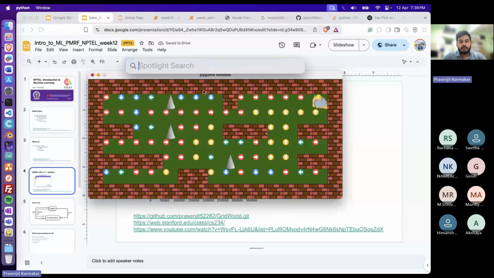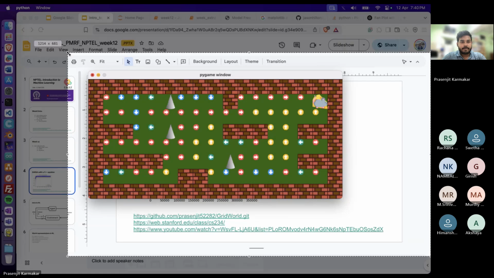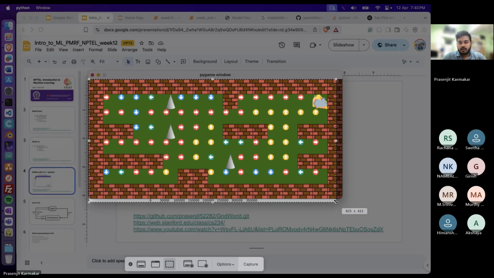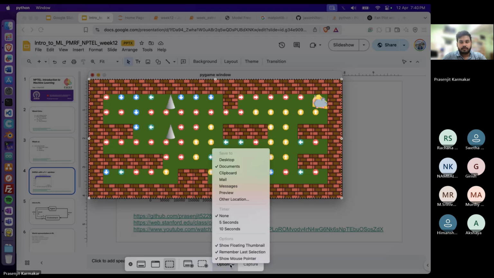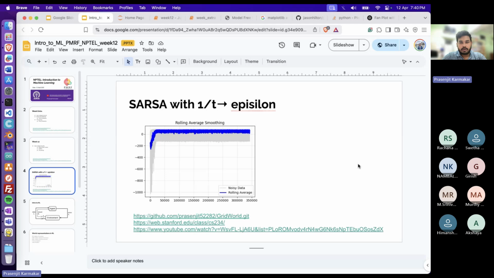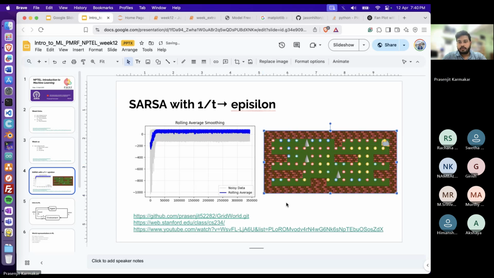It's my emergent policy. Oh, sorry, wait, clipboard, capture here. Now let's see whether I can do it faster.